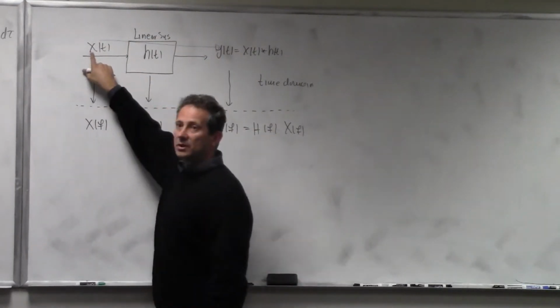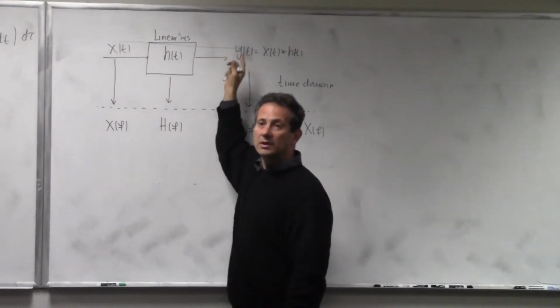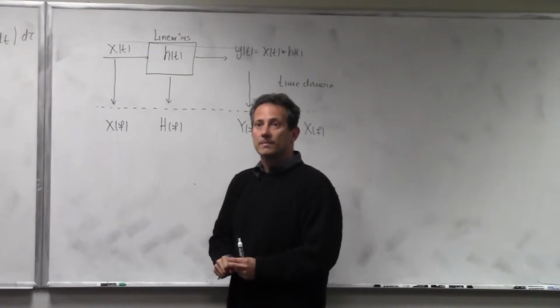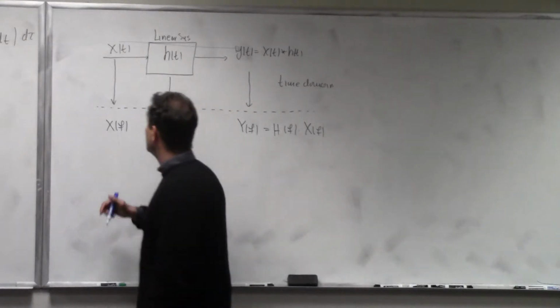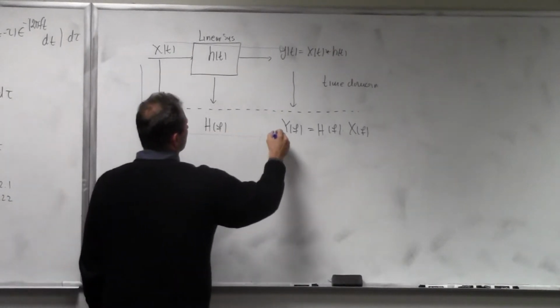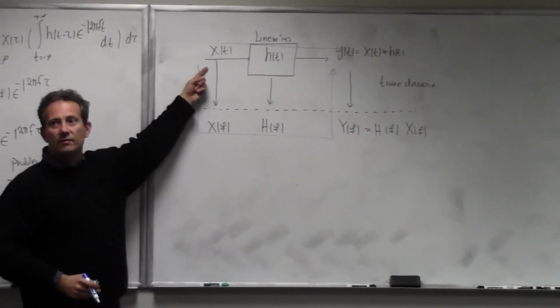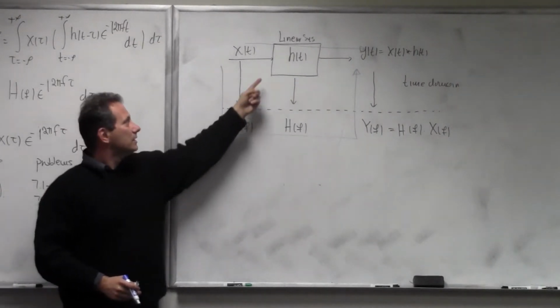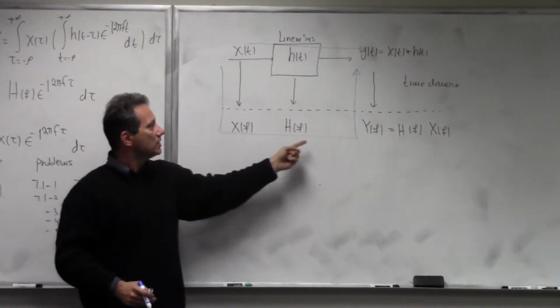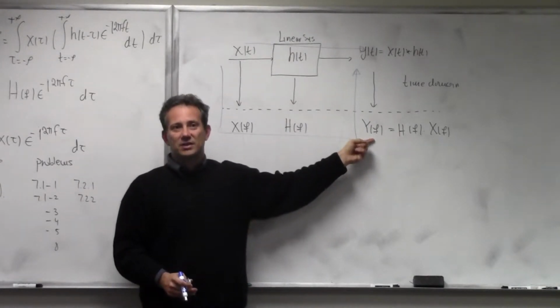I'm given an input. I know what the impulse response is, and I can calculate the output straight by doing convolution. Most commonly, actually, even though it seems longer, we do it this way, right? We take the Fourier transform of the input, take the Fourier transform of the impulse response, determine the Fourier transform of the output, and then if necessary, we go back.